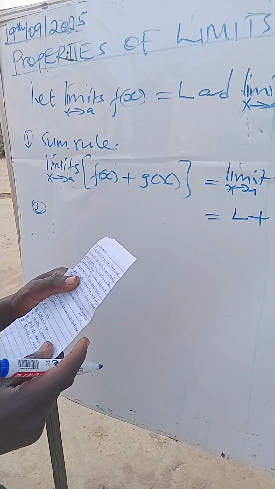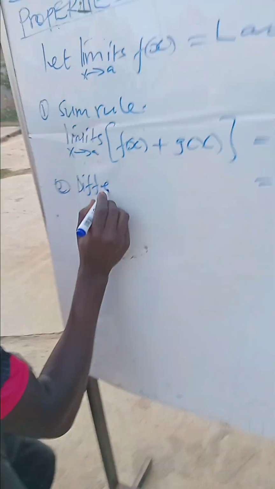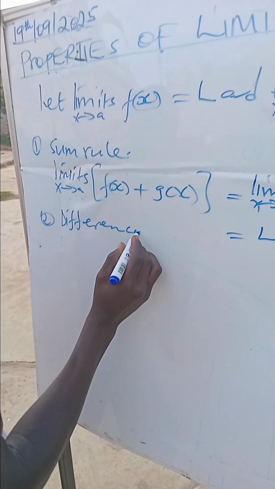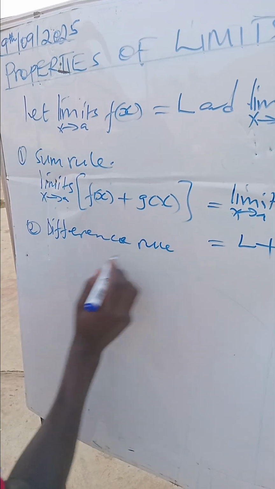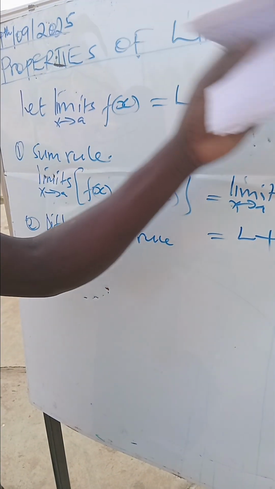The second property is the difference rule, or the difference property of limits of a function.